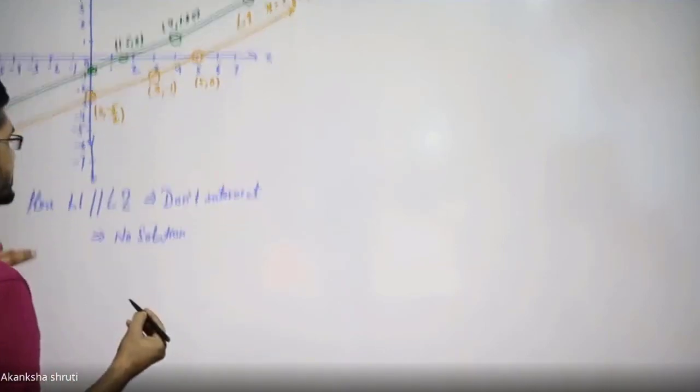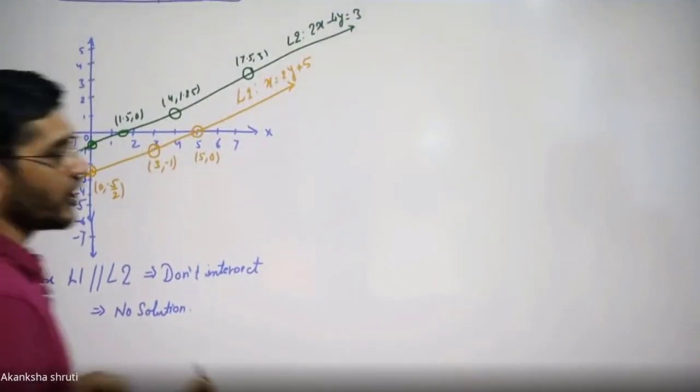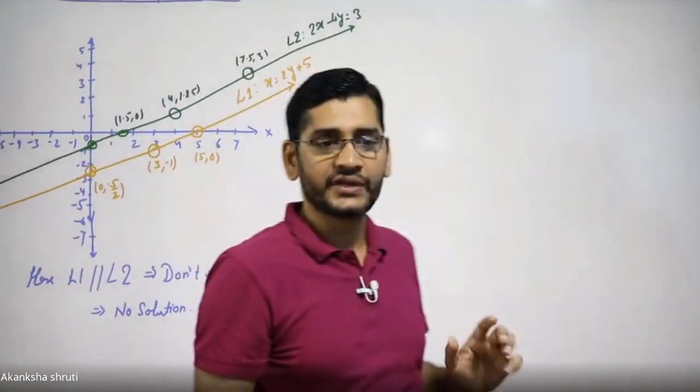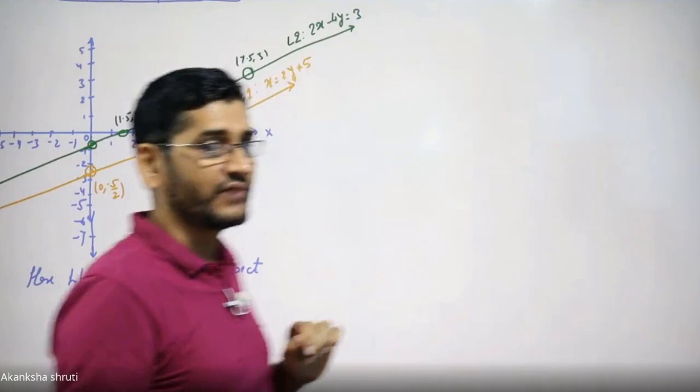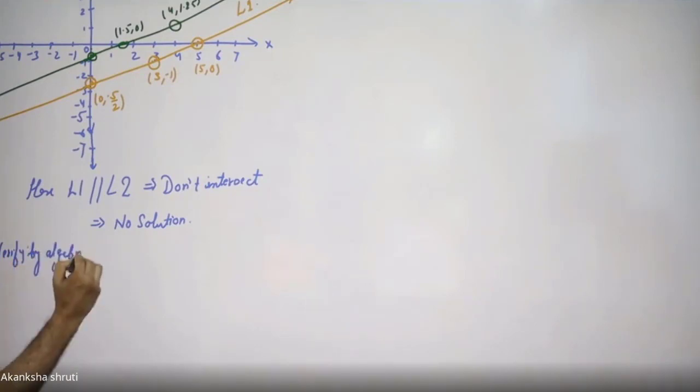Students, let us recall our algebraic relation that we had written last day. What was the condition for no solution? So we just want to verify by the algebraic method.